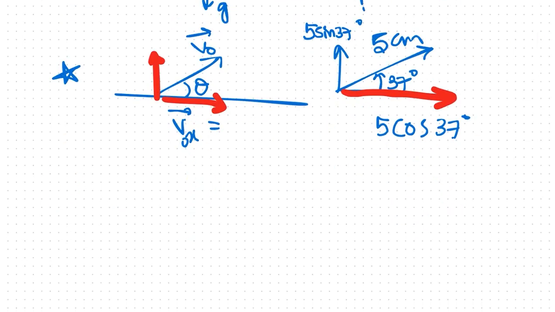See, let's say there is a triangle wedge here and the ball is projected something like this. This angle is, let's say, 37 degrees.